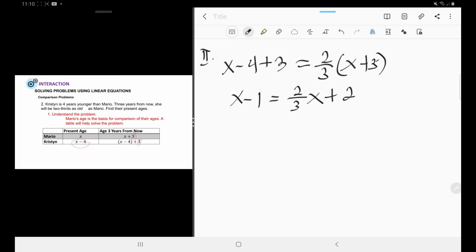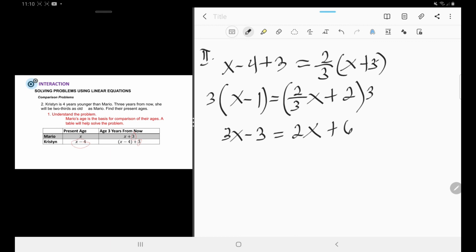So we will multiply both sides of the equation by 3, the least common denominator. 3 times x minus 1 is 3x minus 3, is equal to 2/3 x times 3 is 2x, and then 2 times 3 is 6.